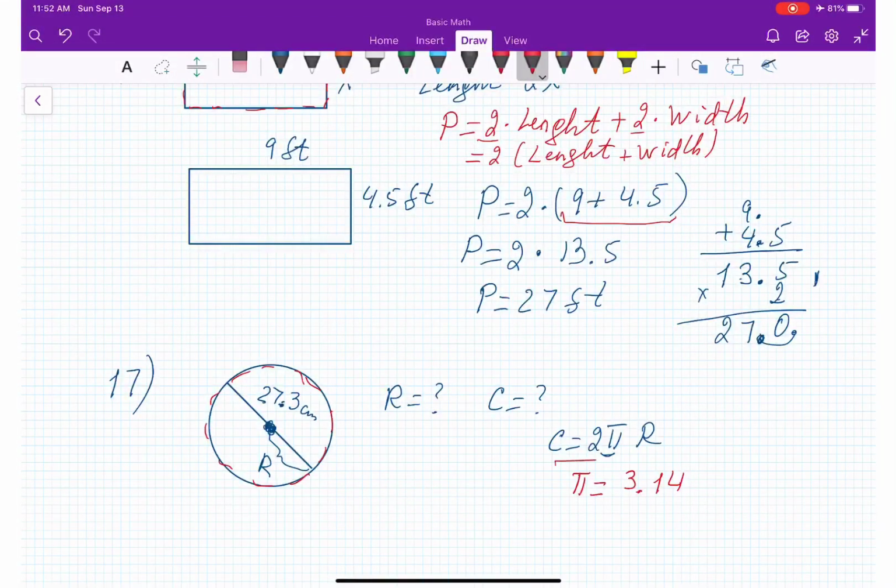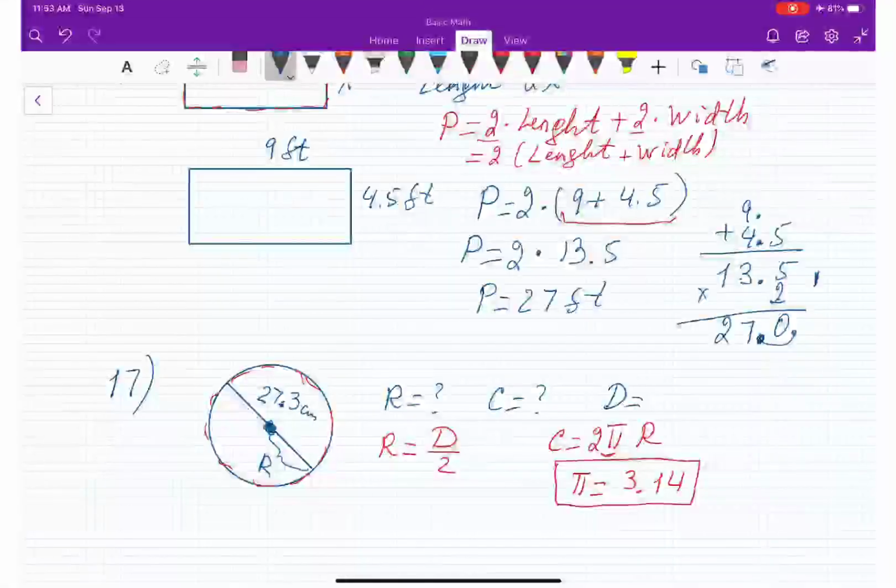Now, the radius. I could put this formula also in red color because those are formulas. Radius is equal to diameter divided by 2. Our diameter is given, 27.3.